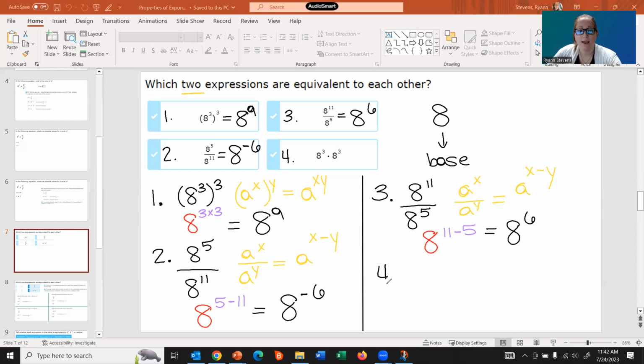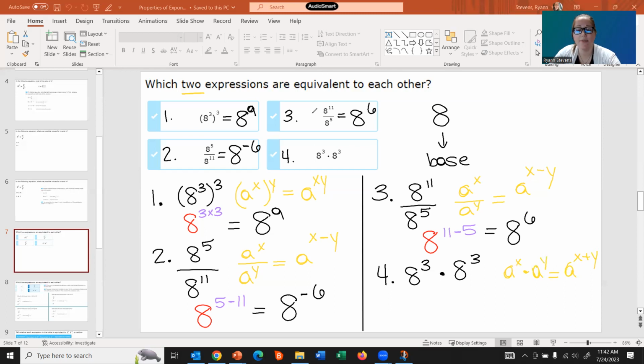And then lastly, we have this one here. We have 8 cubed, 8 cubed. And when we look at this one, we can say that this is our property of multiplying powers. Okay, and what that says is if we have a to the x times a to the y, we would keep our base the same, and x plus y.